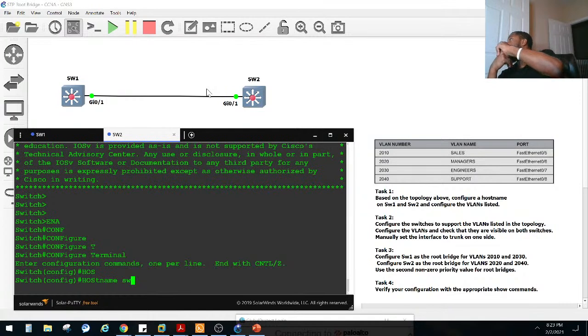What's the purpose of extended VLANs? In case you want to get more, yeah, exactly what Kelvin said. If you need more than 1,000 VLANs, so VLANs 1 through 1,005 are considered standard VLANs. 1,006 through 4,094 are considered extended VLANs.